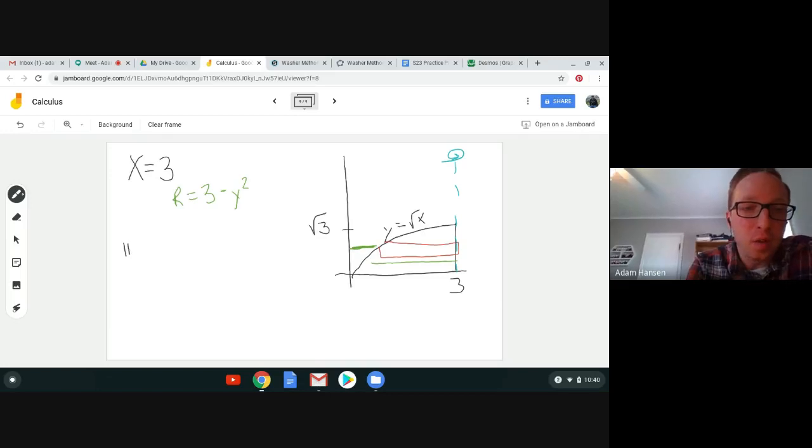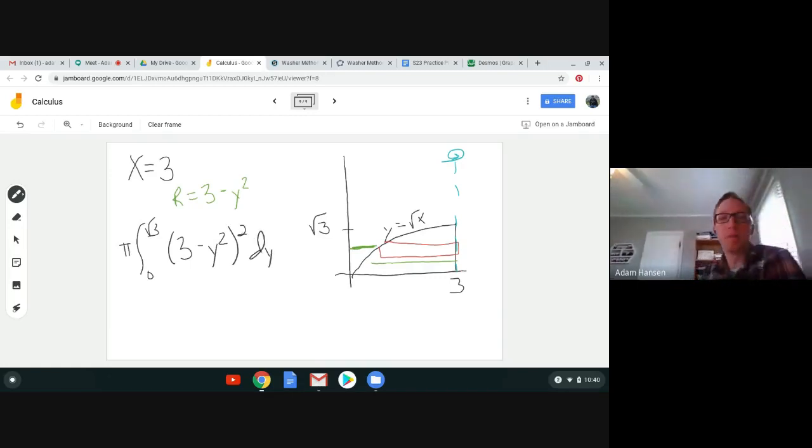So pi, we have to change our bounds from 0 to the square root of 3 of quantity 3 minus y squared dy.